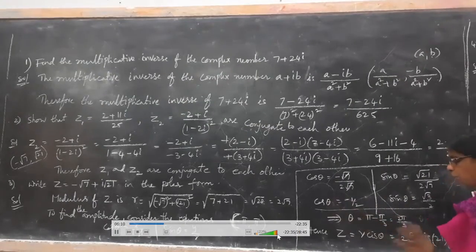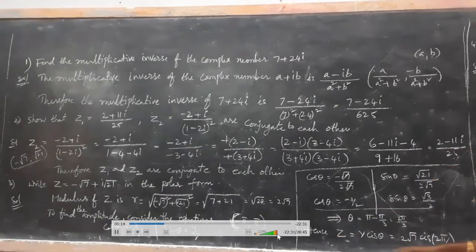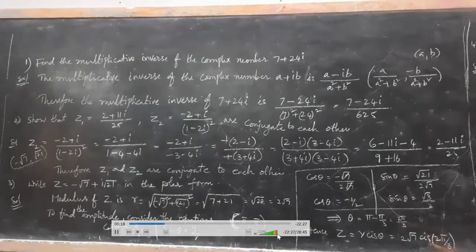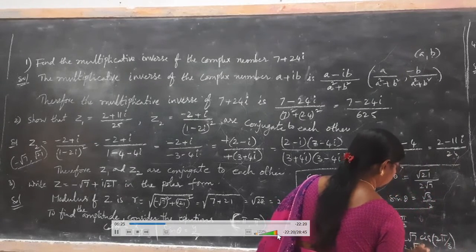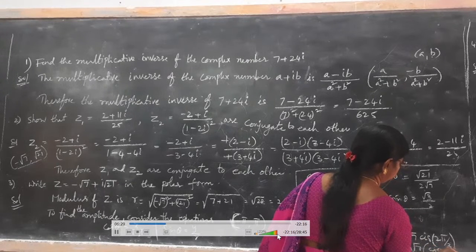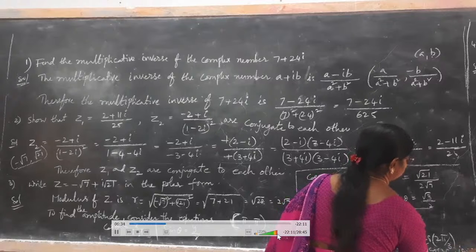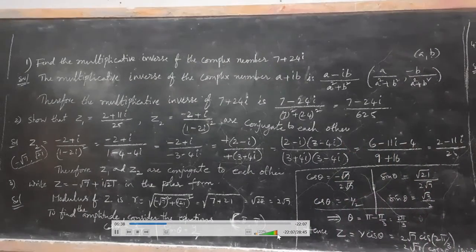This is our amplitude, and hence Z is equal to r cis theta, that is 2 root 7 cis 2 pi by 3, or you can write 2 root 7 into (cos 2 pi by 3 plus i sin 2 pi by 3). You can write it that way.